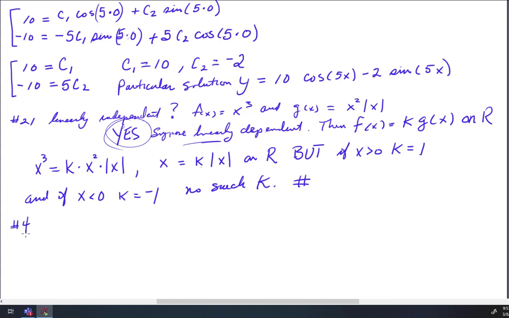And number 4, let's see. I guess this was just to solve this equation. 9y double prime minus 12y prime plus 4y equals 0. So as always, when we're solving differential equations, we look at the equation and we try to decide what kind of a differential equation it is.